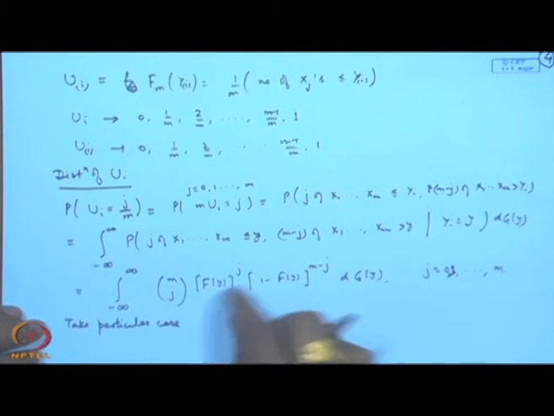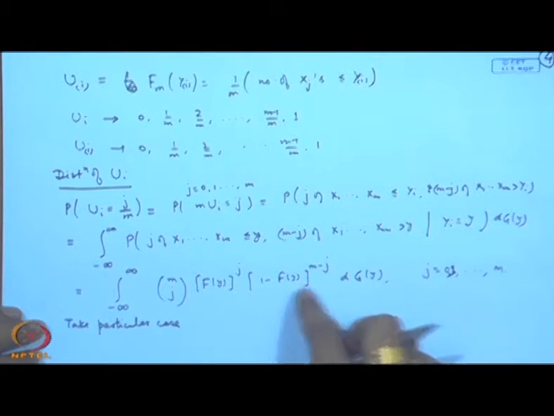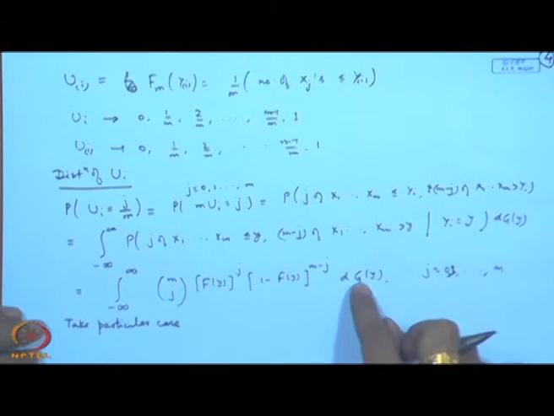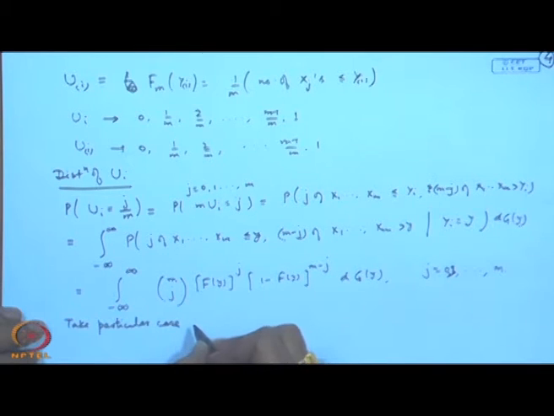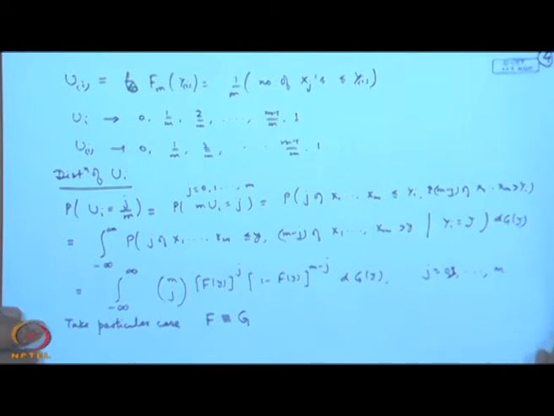Of course, if I take for example uniform distributions and here I take say some other distribution, say normal distribution etcetera, then this can all be easily written in closed form. Now, let us take one particular case when both the samples are from the same population.